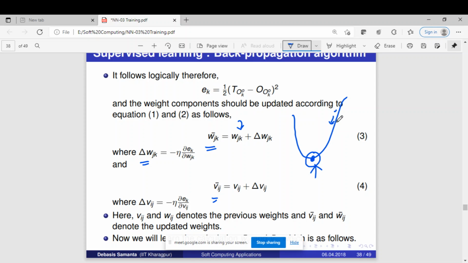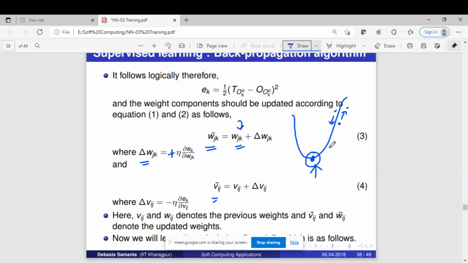If we are not using the negative sign, and say it is positive, then after changing the weight the new solution will go up. But in which direction do we want to move? Up or down?